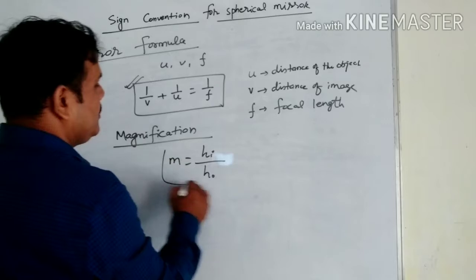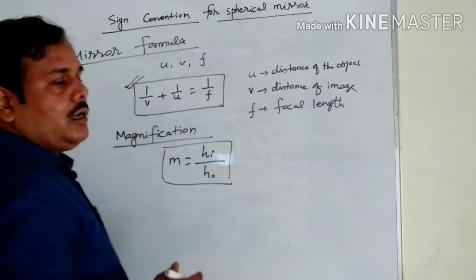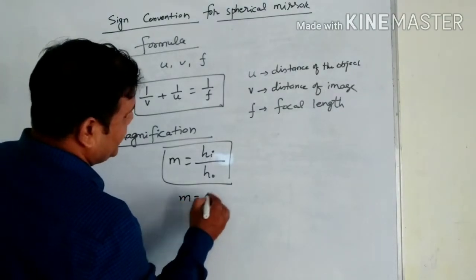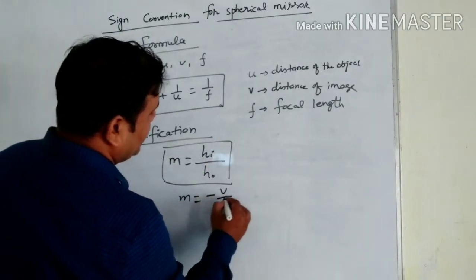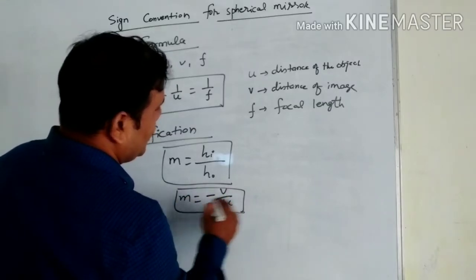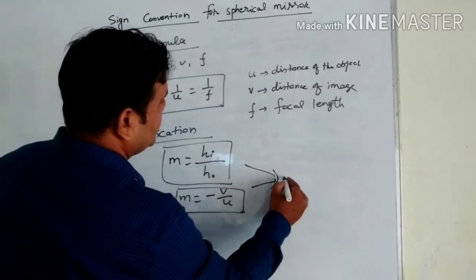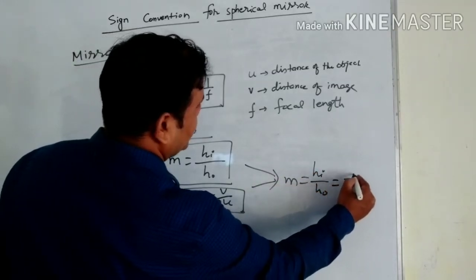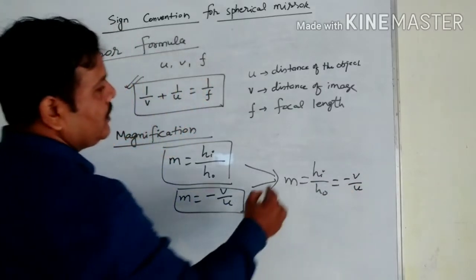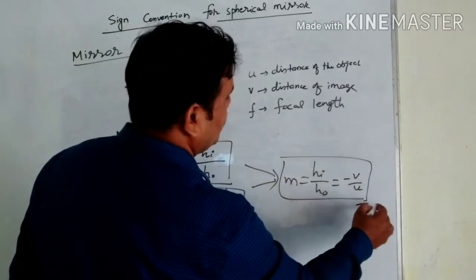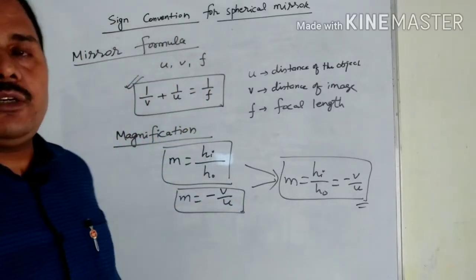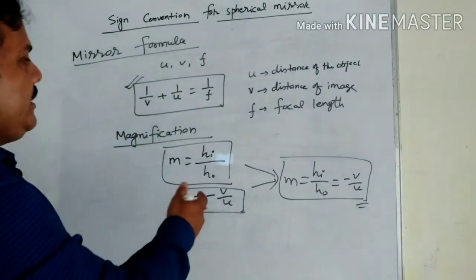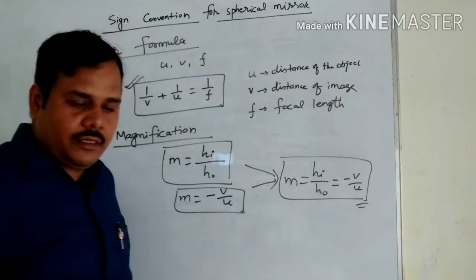When this relation is compared with the other, magnification is equal to minus v by u. When we combine these two, we get m, height of image by height of object, equal to minus v by u. Keep it in mind. You can use this while solving, if you want to find the magnification, whether the image is real, inverted and so on, you can compare with this.